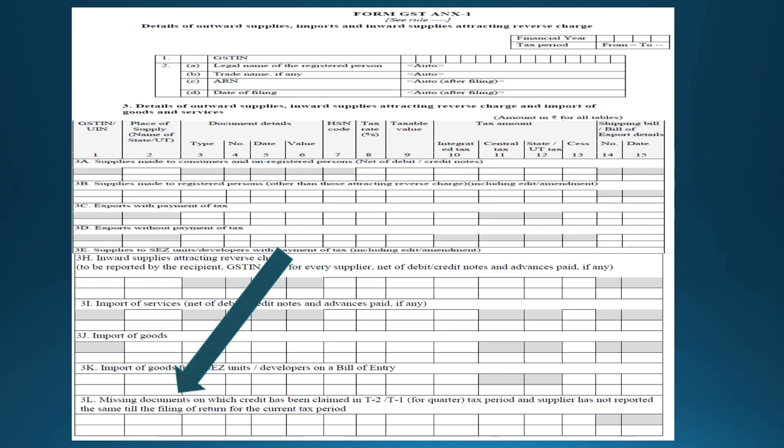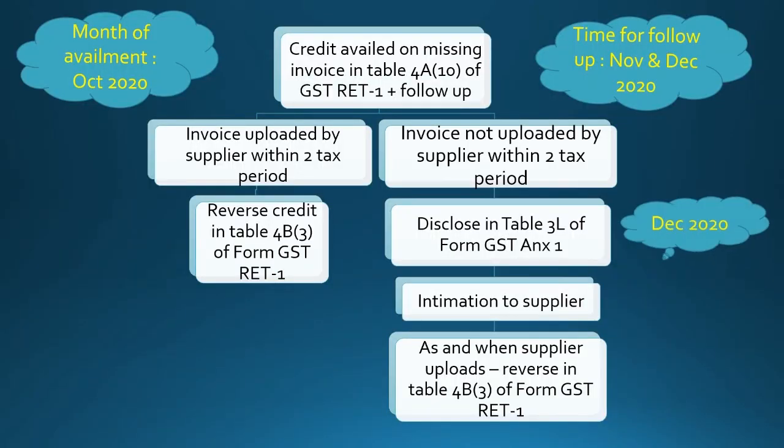The details have to be given document-wise in table 3L. The details of the document uploaded by the recipient will be communicated to the supplier. Here one important point to be noted is that the missing invoice shown in table 3L will not get added to the liability of the recipient. Only information will be sent to the supplier.